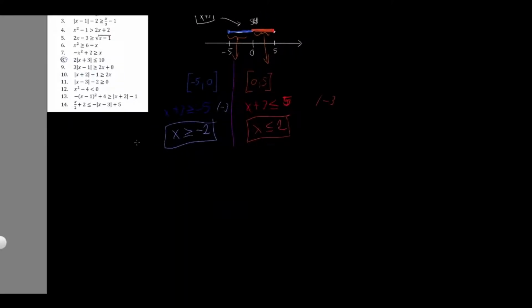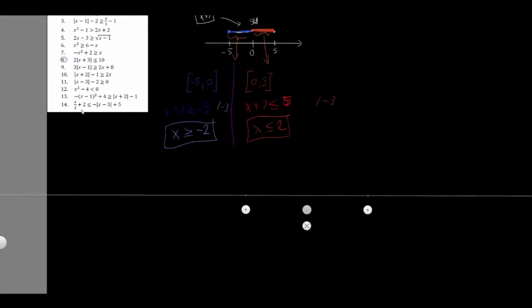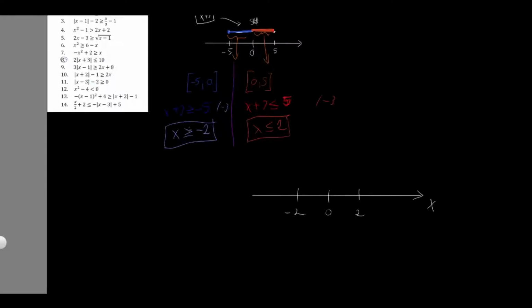These are the solutions, and we can draw a number line again to illustrate the solutions. So we have 0 here, we have negative 2 here, we have 2 here, this is x. So x is greater than or equal to negative 2. I indicate that with, first of all, a solid circle because it can be equal as well, and greater than this. So let's draw a line here.